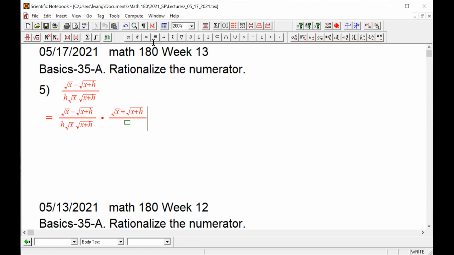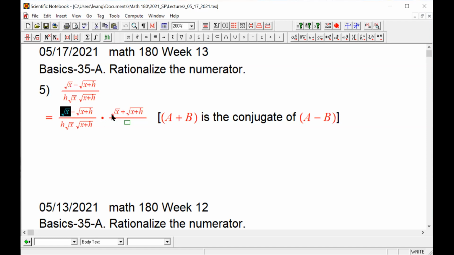So conjugates are of these two forms. A plus B is the conjugate of A minus B, so A minus B and A plus B are conjugates to each other.